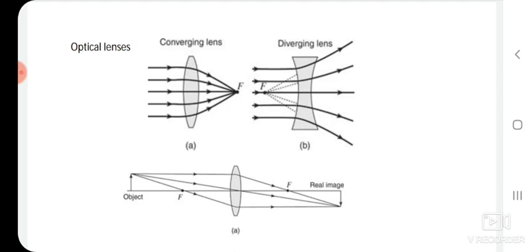That's why in the case of a converging lens, all incident light which is parallel to the optical axis converges at a point F. It gives the focal length of that converging lens. When all incident rays are parallel to the optical axis, they diverge when passing through a diverging lens. That's why they are named converging as well as diverging lenses.